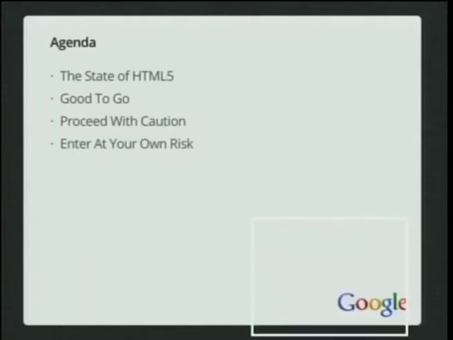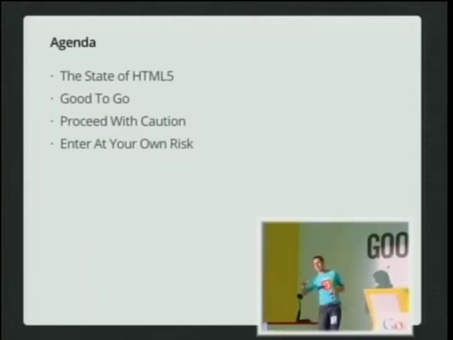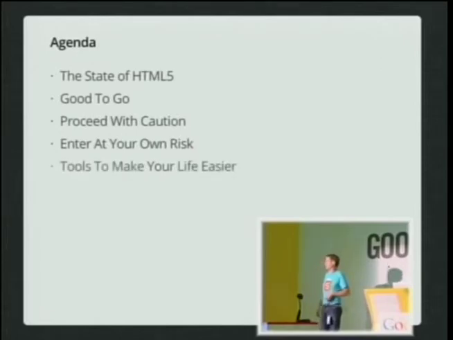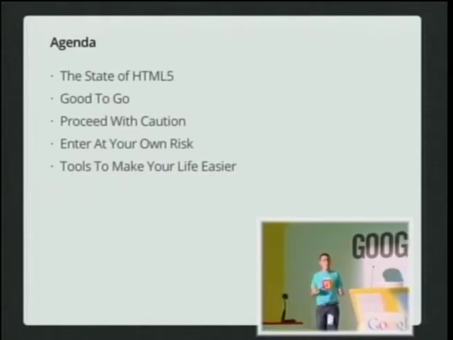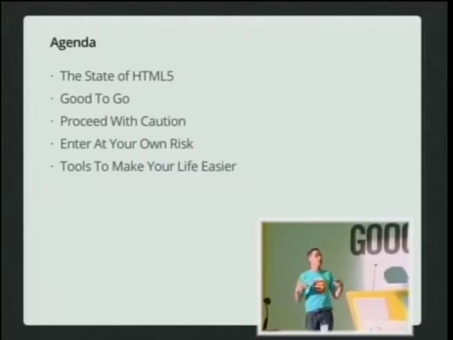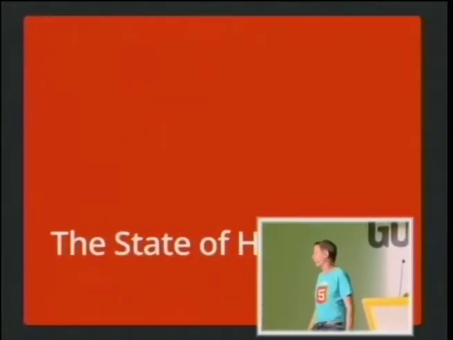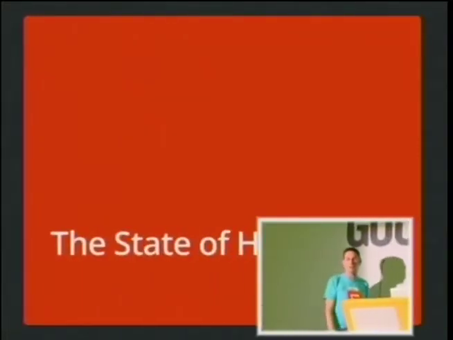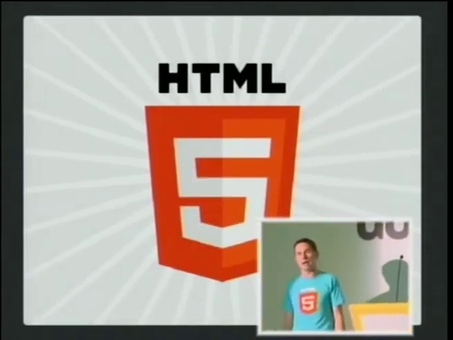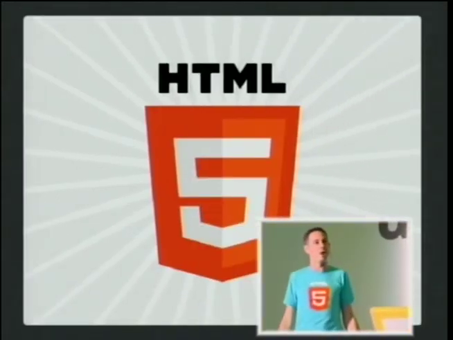Things that you can use, but they might not work on all your browsers. And then finally, we'll talk about some of the tools that will help make your life easier as you're developing for HTML5.